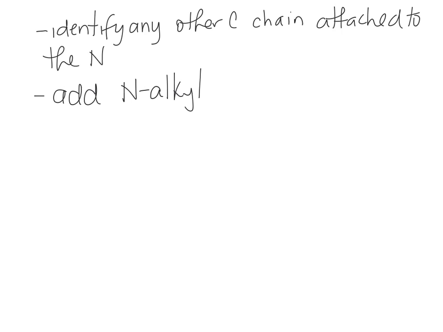And if there's more than one, if it's a tertiary amide, then they are listed alphabetically. If it's tertiary and they're identical, then you put N and di. So if it's 2 ethyl groups, then it's N,N-diethyl.